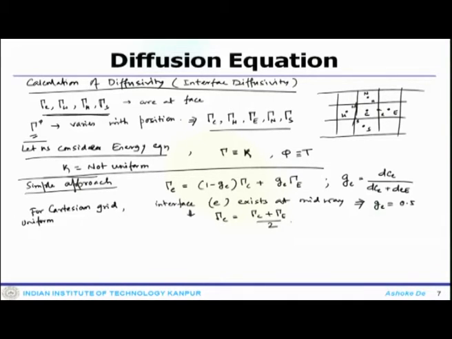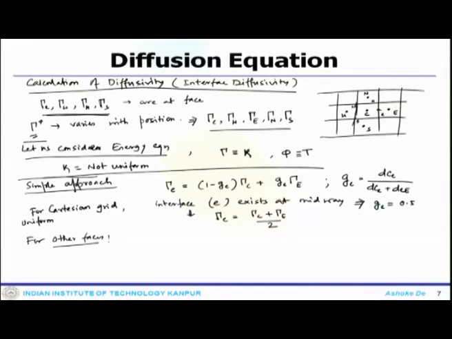So it is essentially the arithmetic mean. That is for the east face that we are talking about right now. Similarly, for the other faces one can derive this expression.